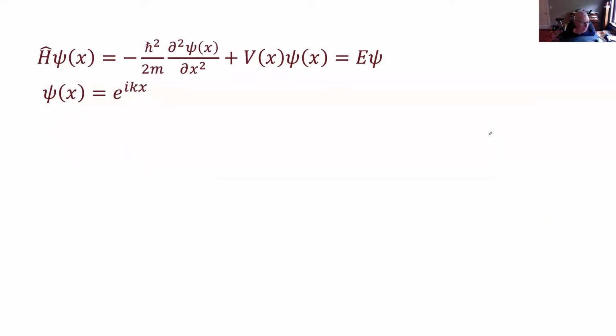This is what I've got here for my Schrodinger equation on the top. My proposed wave function is just e to the i kx. We did the front part of this in the previous video, where we found the kinetic energy for this particular wave function. Let me just write it down.